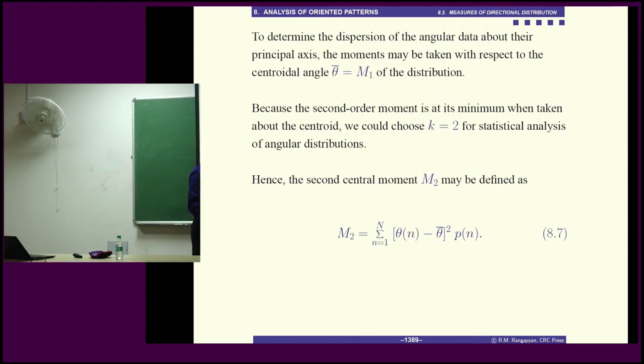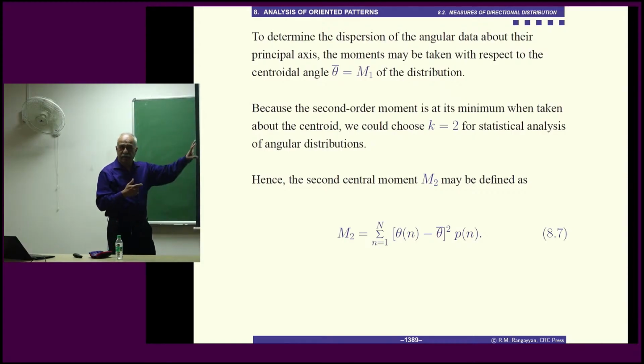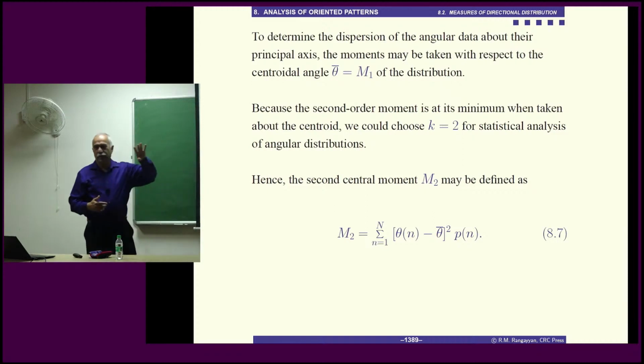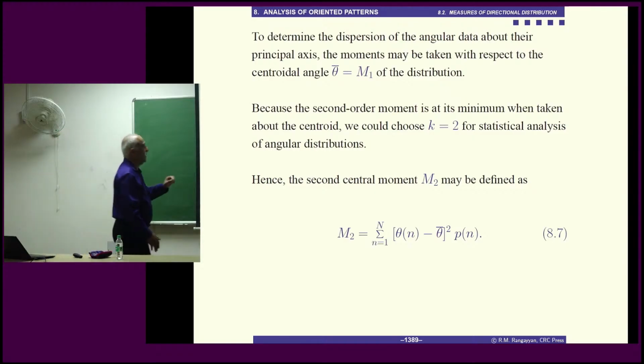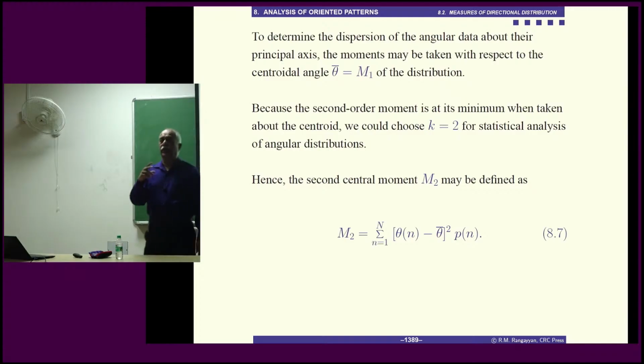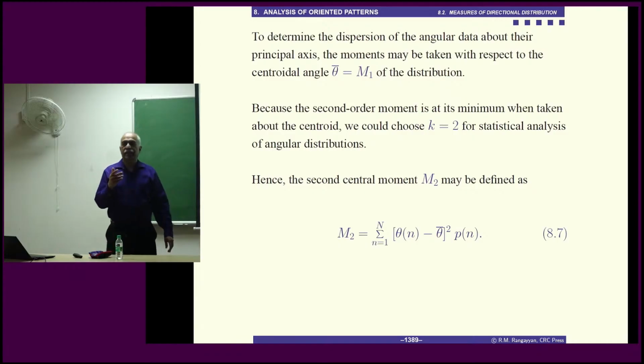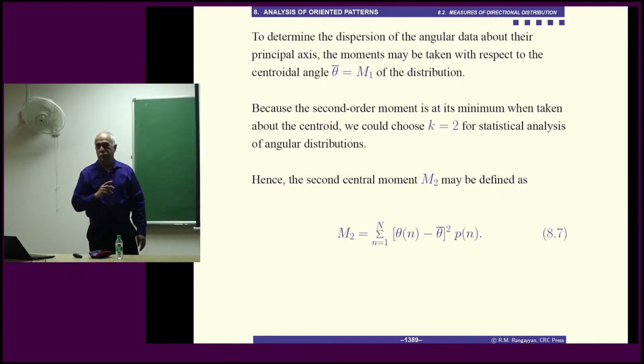For that, you take a variance in angle, theta n minus theta bar squared times Pn. These are all the same as the probability density function moments that we saw earlier. But now the interpretation is slightly different in that this is an angle and this is the probability or proportion of some measure occurring in that angle band. Okay?